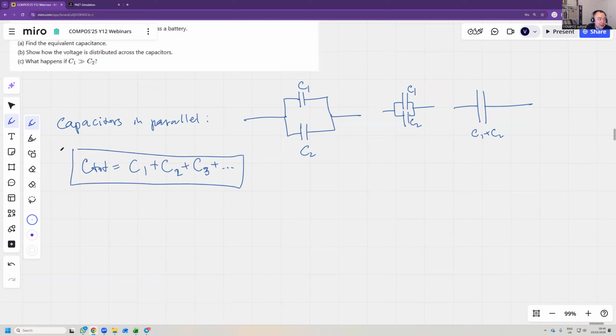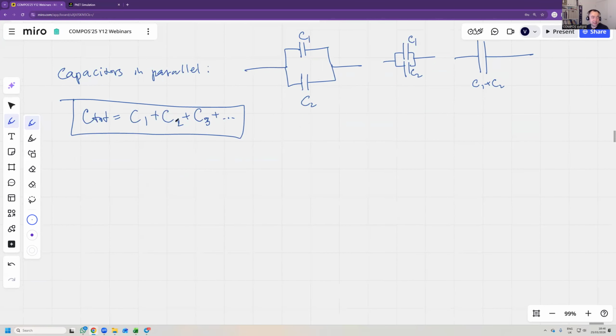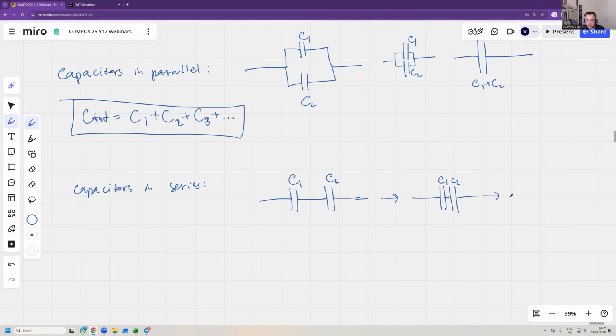All right. Now, if you're thinking of capacitors in series, a very good way of looking at it is if you have a capacitor C1 and another capacitor C2, and you move them closer together, you can eventually make them into just a bigger capacitor. So it's a capacitor with a bigger plate separation.